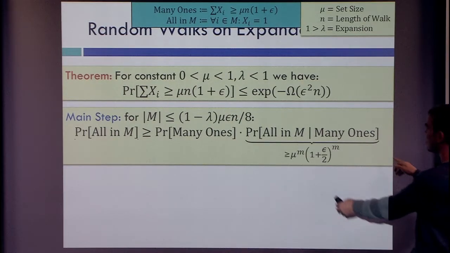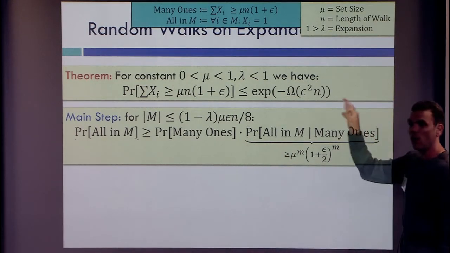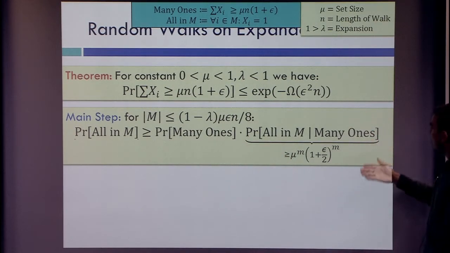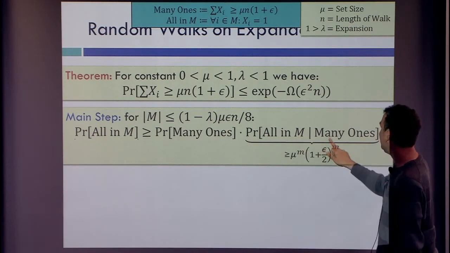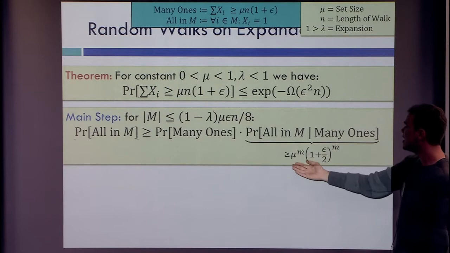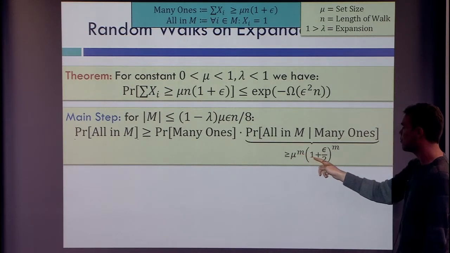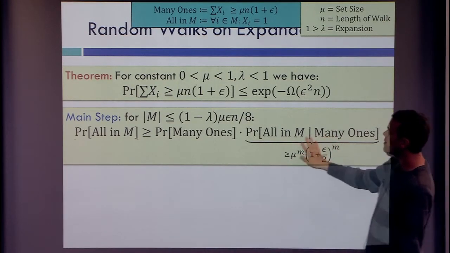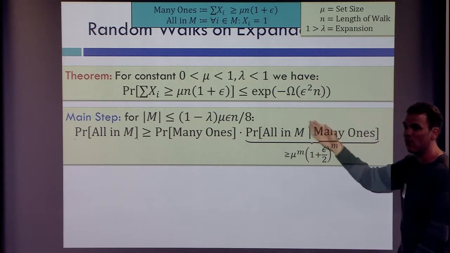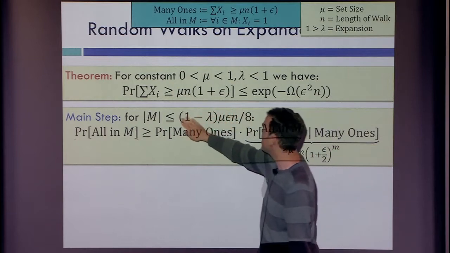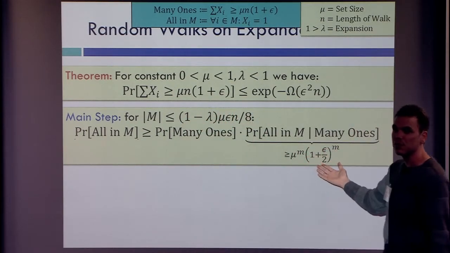It turns out that with this covering proof which I gave before, it's exactly the same. The probability that everything in M is hit, given that you have many ones, is still going to be at least mu to the m times (1 plus epsilon over 2) to the m, as long as m is smaller than epsilon m n over 4 or something, and this certainly makes m small enough, so this is simply true.